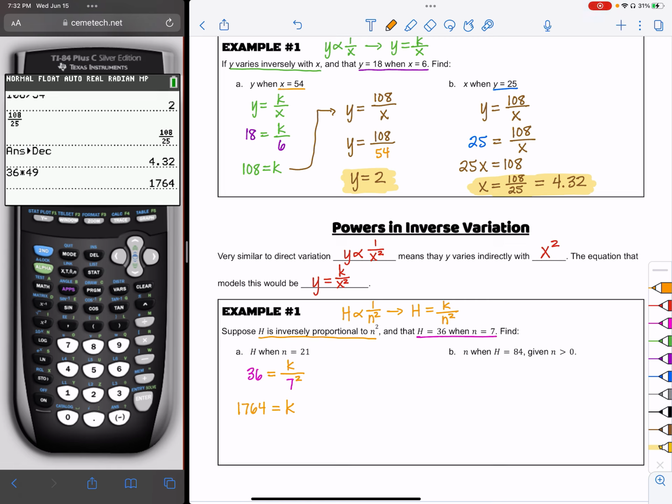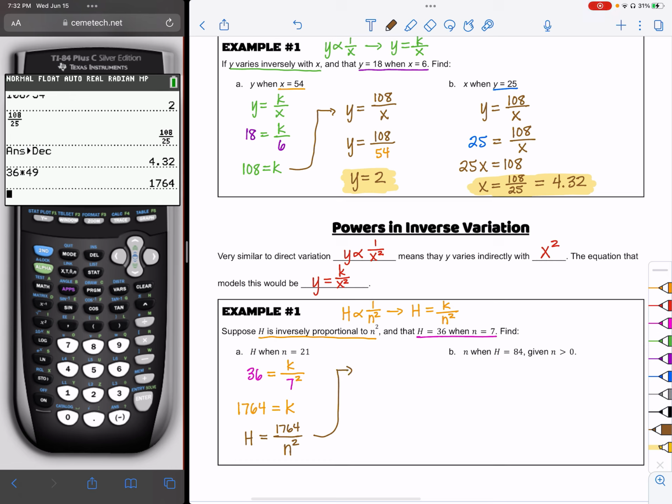If this is my value for k, my equation will actually be h is equal to 1,764 over n squared. So that will be the equation that I will be using.